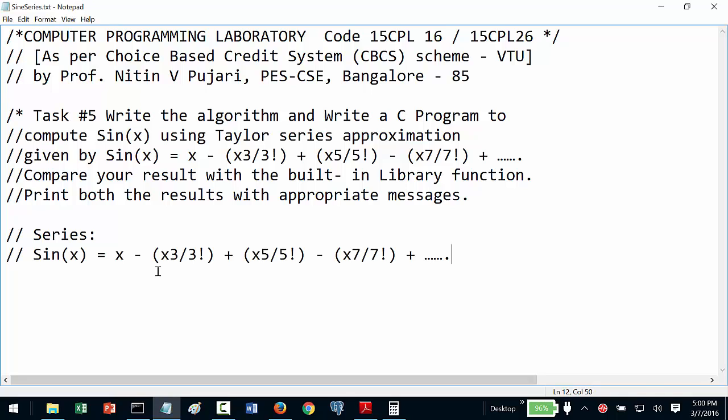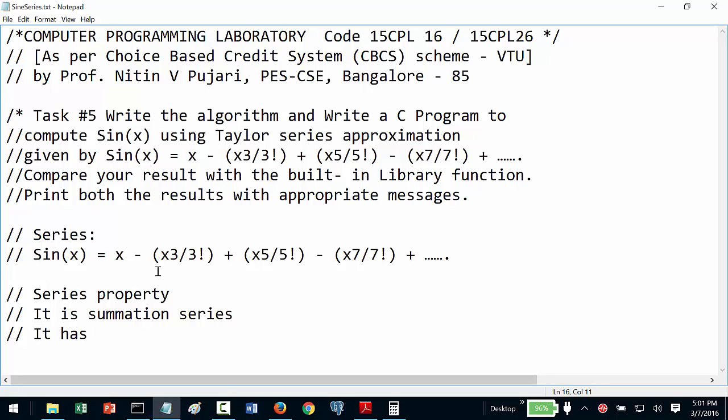So what is our series property? The series property is, it is a summation series. It has a set of successive terms.